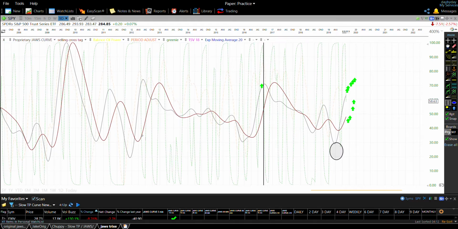Again, this spot right here, we're looking for a moment where the green curve comes down. In this moment, it's coming down and they're already about to cross. In this moment, it's still coming down while gray is to the upside. So I like this moment better. So that's our second placement.